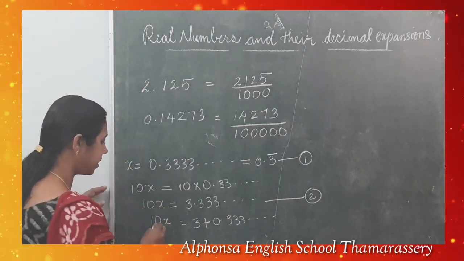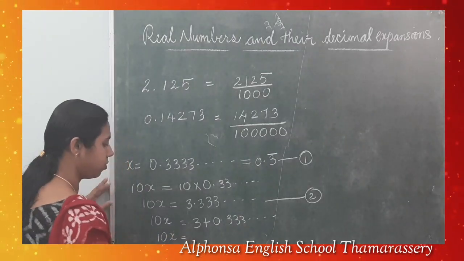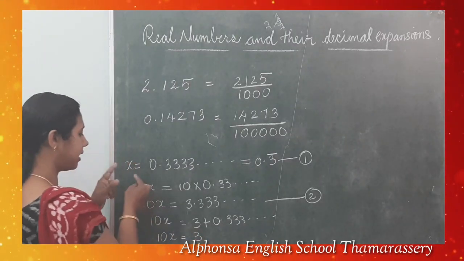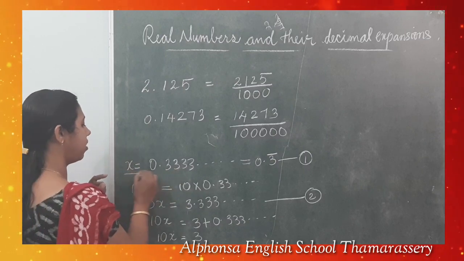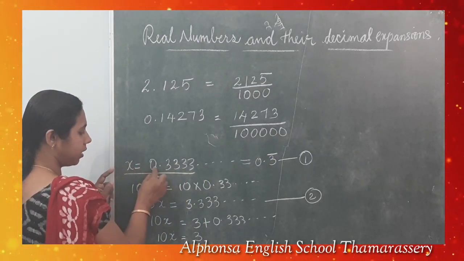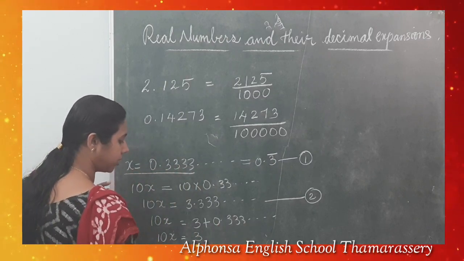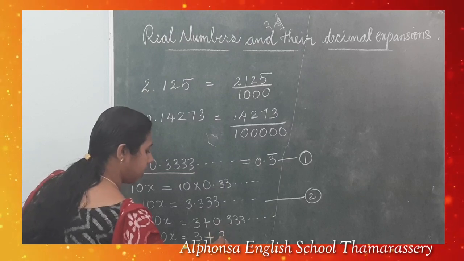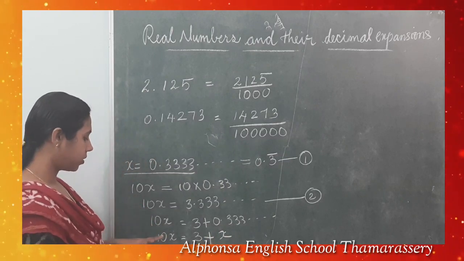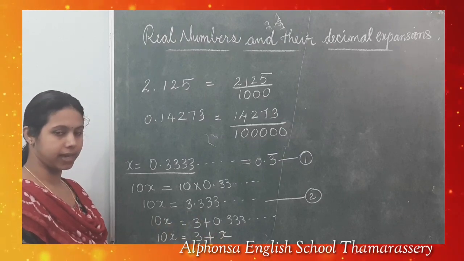So we will get 10x equal to 3 plus 0.333, which we took as x. So instead of that you can substitute x. So 10x equals 3 plus x.